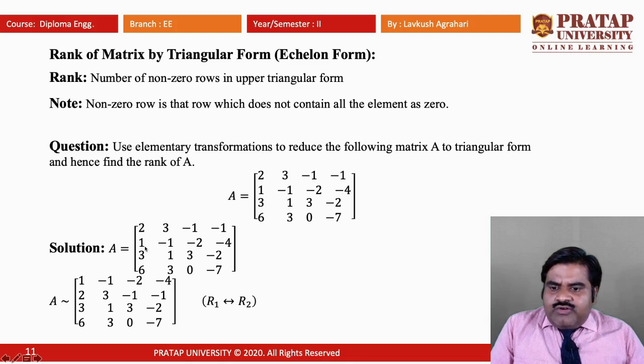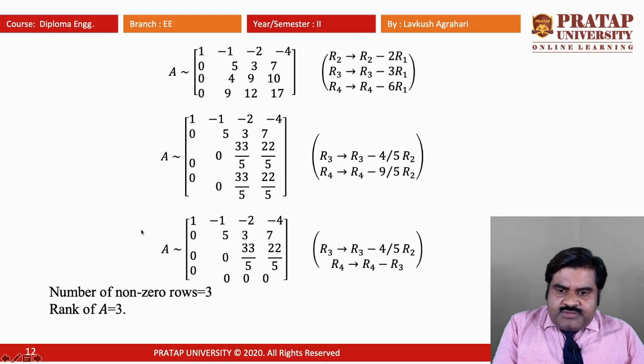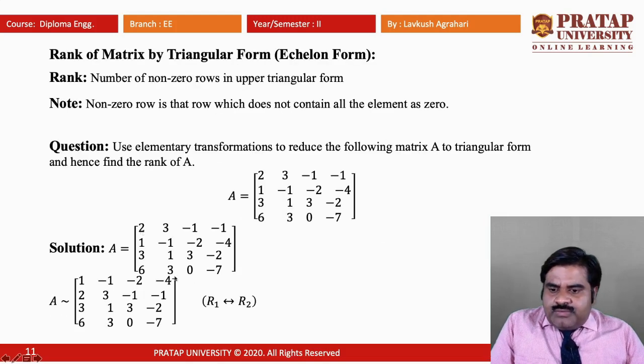In triangular form, we have to convert the elements below the principal diagonal to 0. For this, the first row and second row will be interchanged so that we have 1 at the position of A11.